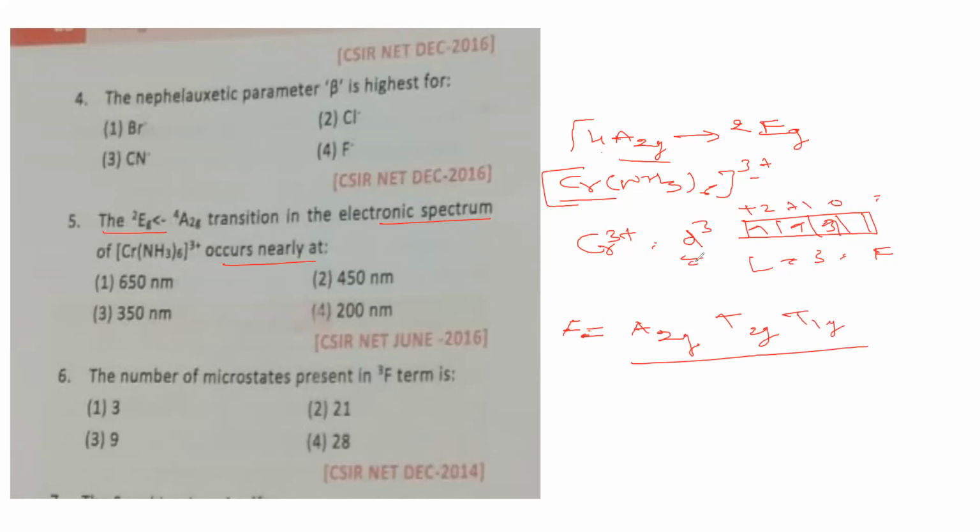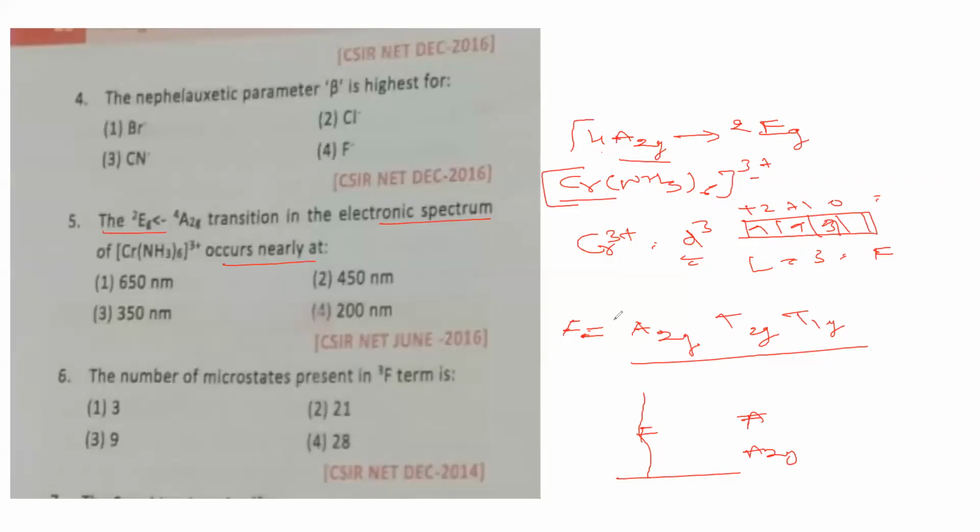Now, if we draw the Orgel diagram for d3 configuration, this is the F term, right? So it is A2G, this is T2G, and this is T1G.